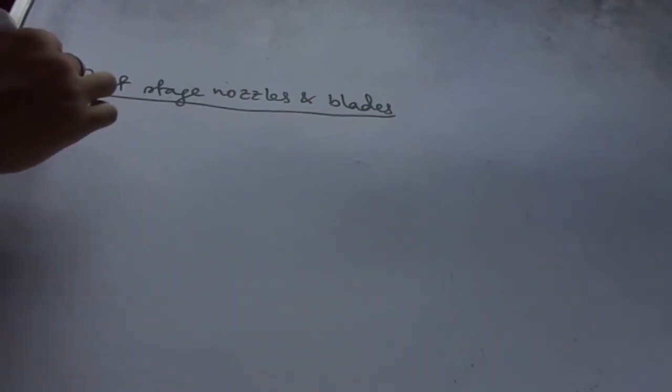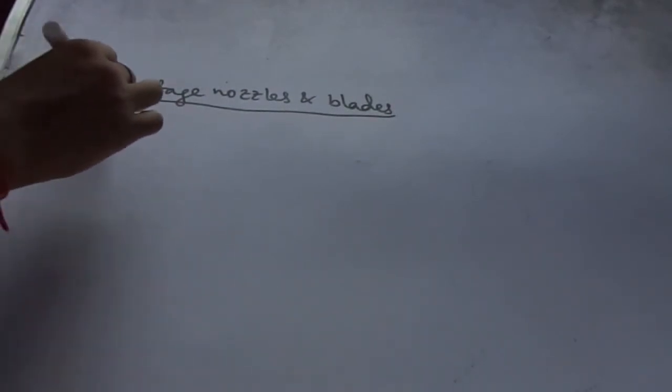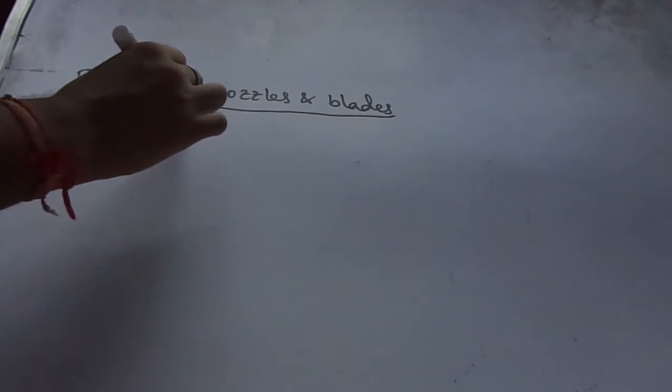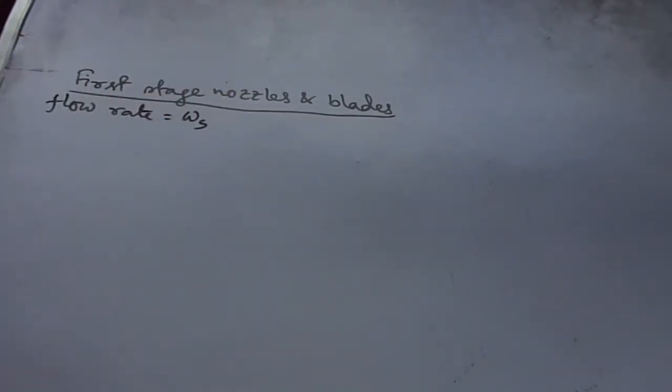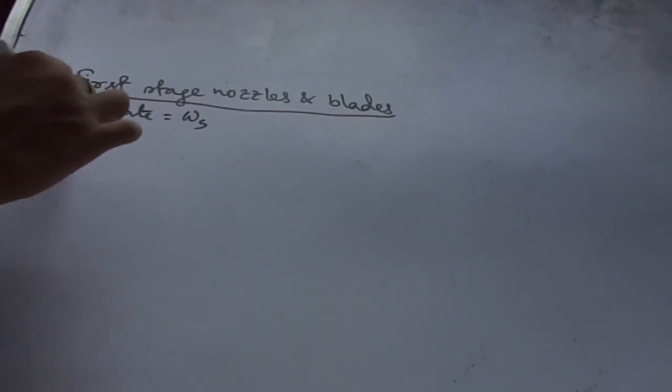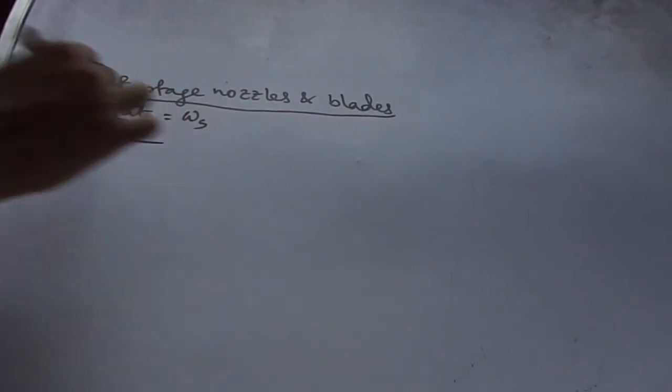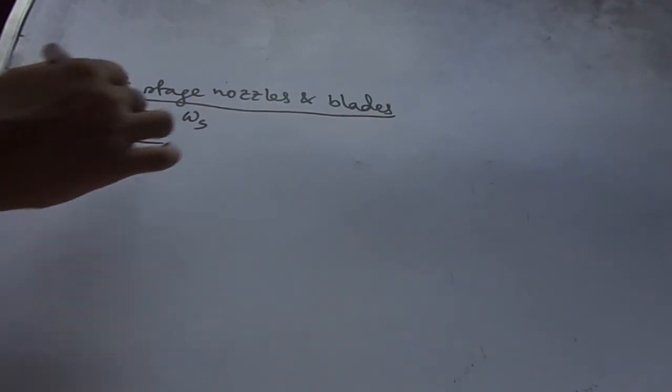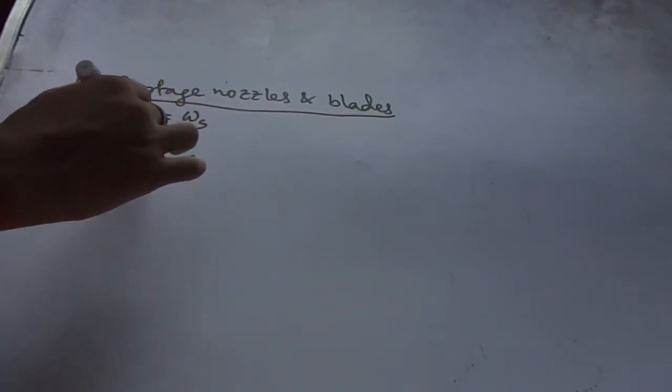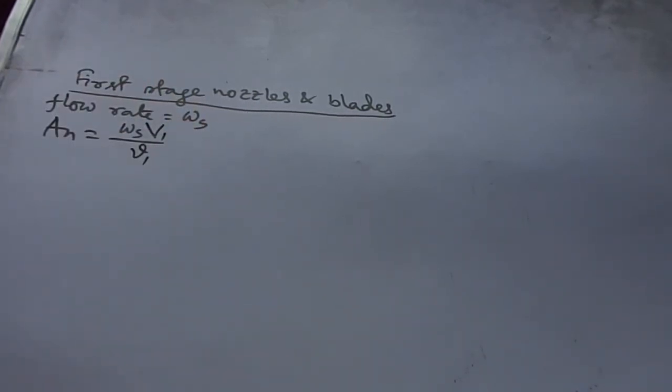From the continuity equation, the nozzle area required for a given flow rate omega s is An equal to omega s capital V1 by small v1.